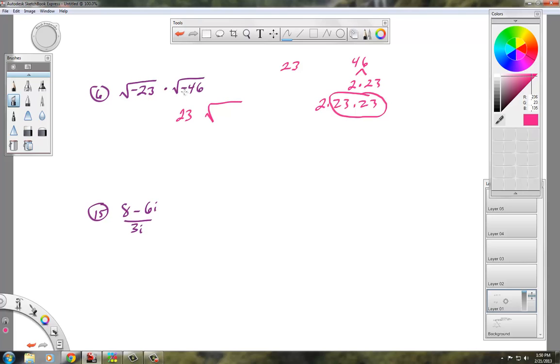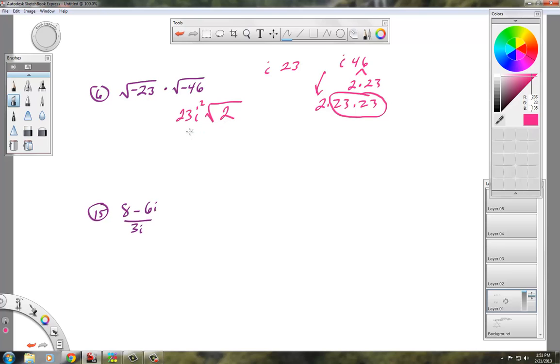I'm going to have an i come out of this one and an i come out of this one, because there's two negative signs, and I'm going to get i squared out front. So it's 23i squared, and underneath the radical symbol is going to be a 2, because that's the leftover. That 2 gets stuck out front.